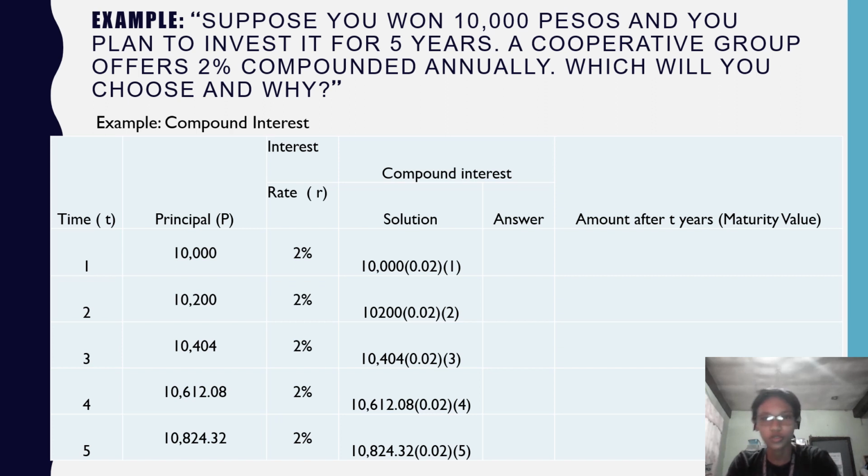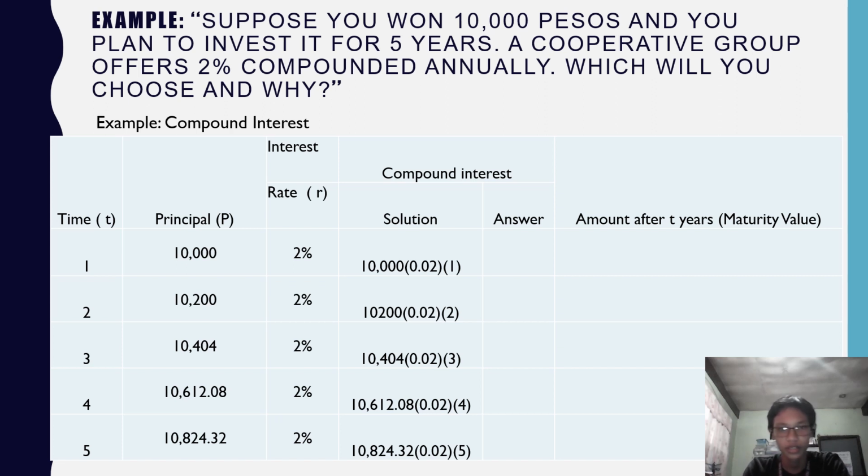So if you choose compounded annually, here's how you can compute the maturity value. First, like simple interest, we convert the 2% rate into a decimal, which is 0.02.